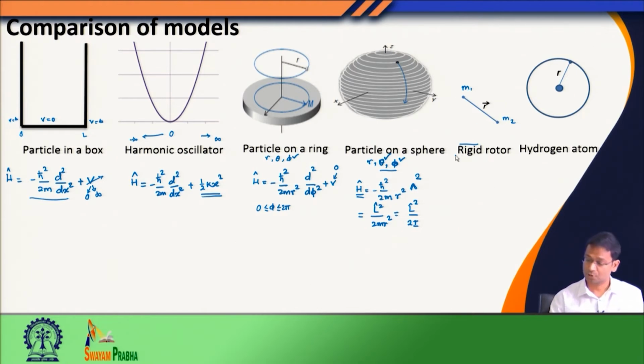Because this is a rigid rotor, while for a particle in a ring or a sphere or a harmonic oscillator or a particle in a box, we always considered a single particle, for the first time in the rigid rotor we consider two particles, but they have a fixed distance. When this rigid rotor makes rotational motion, it essentially represents a sphere. Therefore, the Hamiltonian is no different from the Hamiltonian that we had for a particle on a sphere.